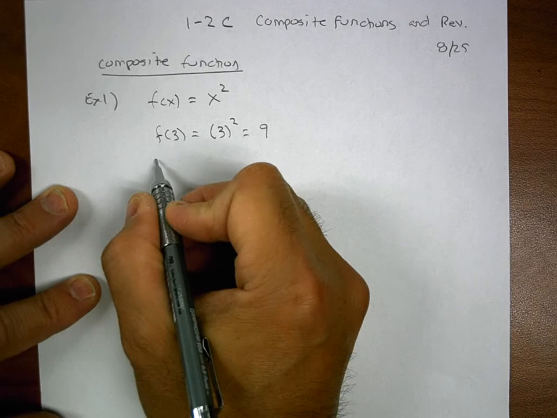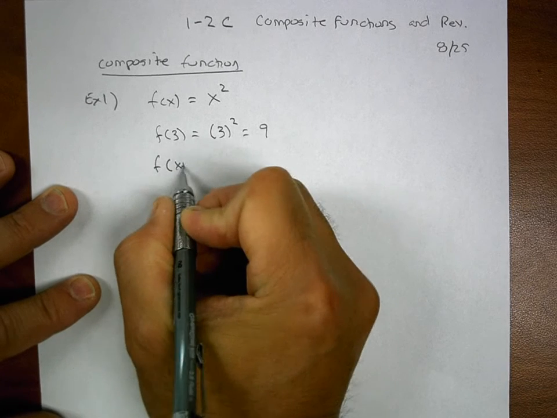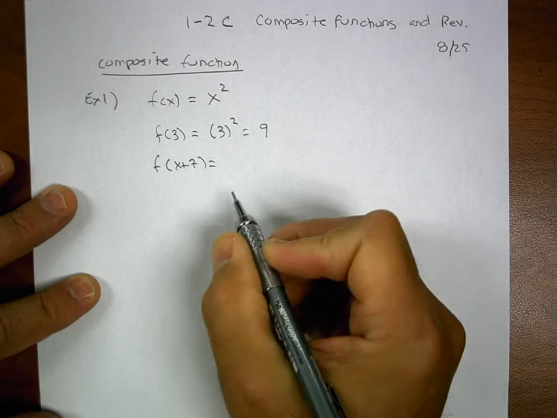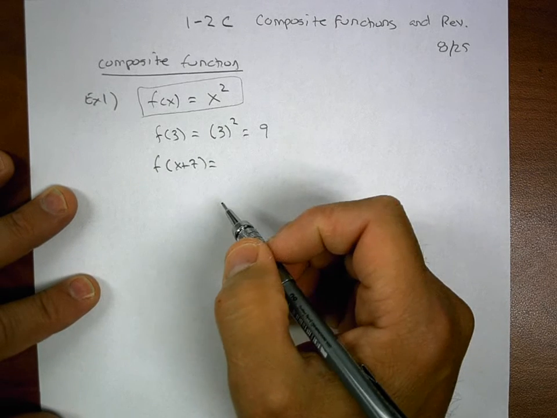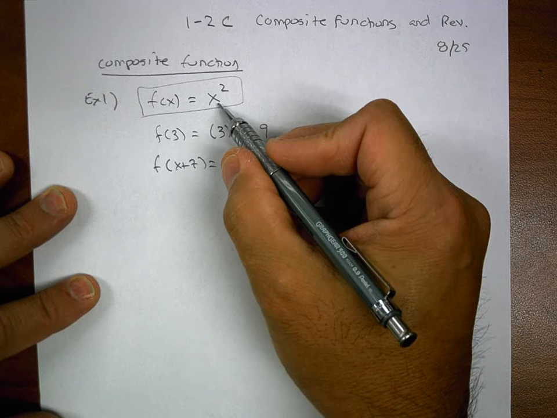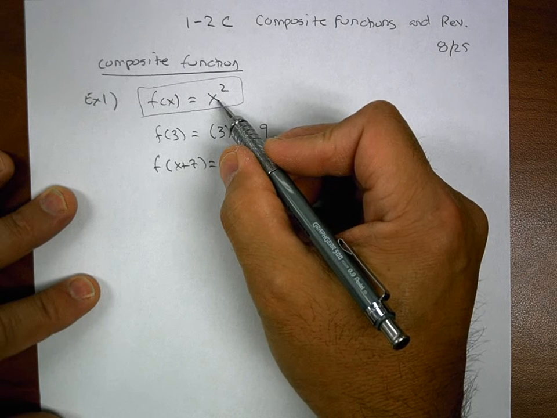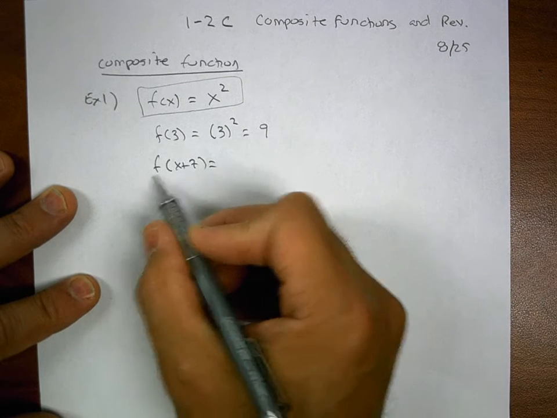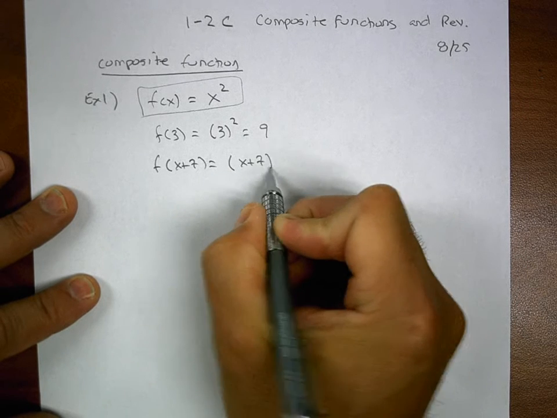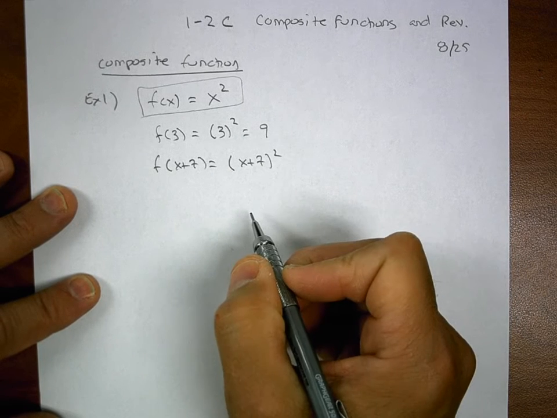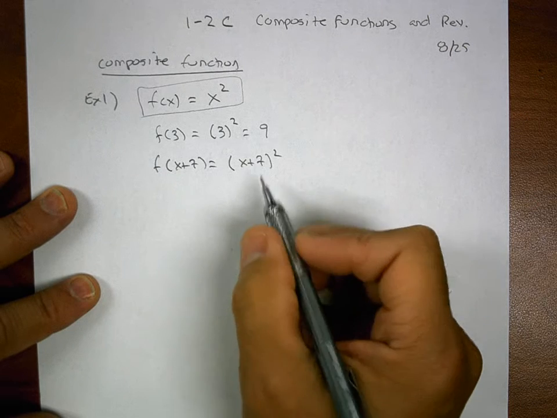If I say f of x plus 7, same thing. Wherever you see an x, what do we substitute in there? X plus 7. So f of x plus 7 is x plus 7, in parentheses, squared.